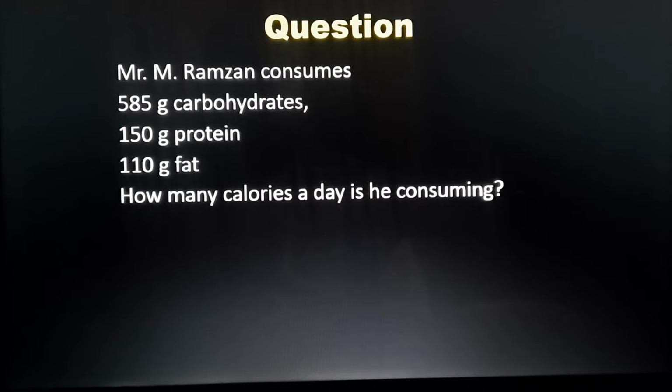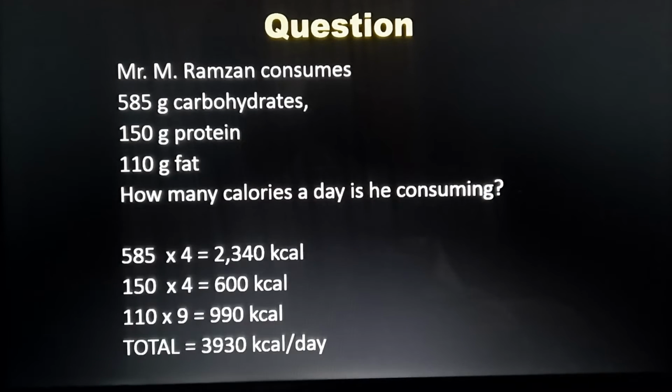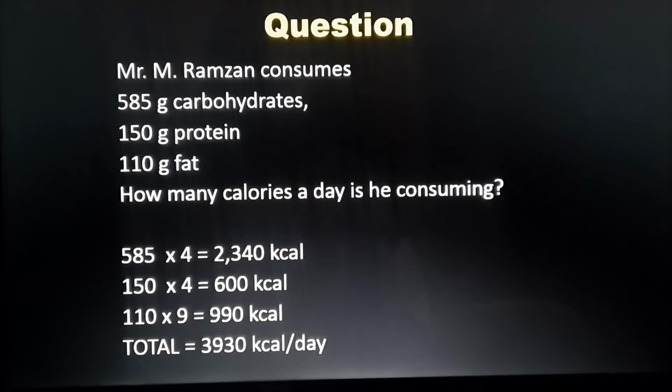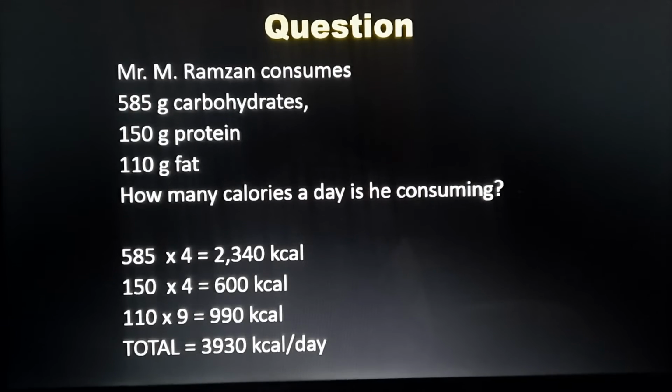We will multiply all these three values of carbohydrates, proteins and fats with the per gram production of heat by the combustion of these three dietary elements. This will give a concept regarding the total caloric utilization of this person.